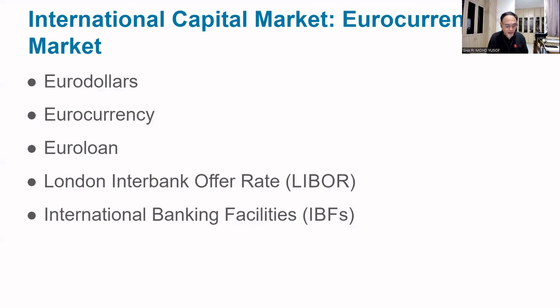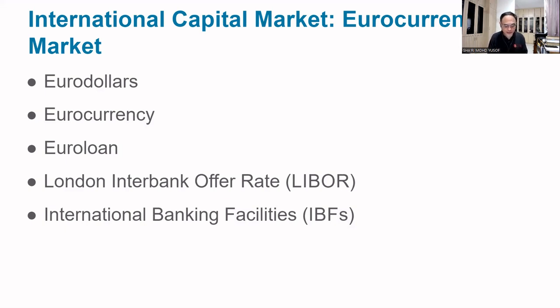The foreign banks leading in euro dollars were not subjected to the regulations. To counter this problem, in 1981, the Federal Reserve Board authorized the creation of international banking facilities, IBFs. So it's a form of competition.